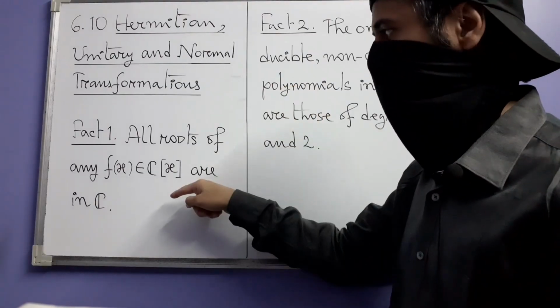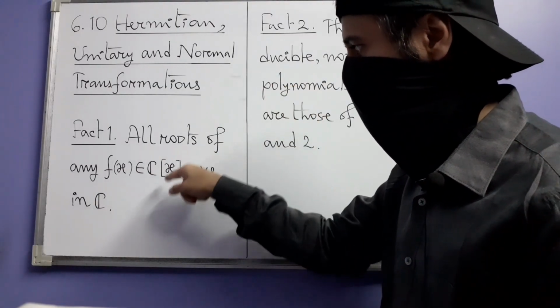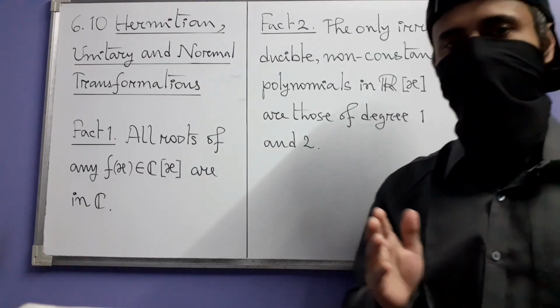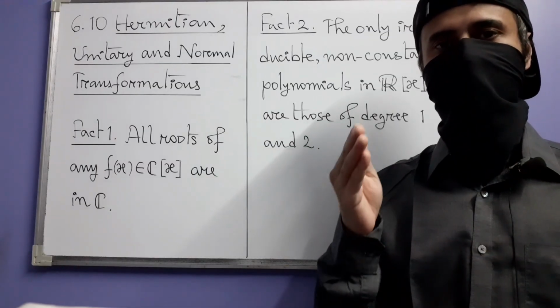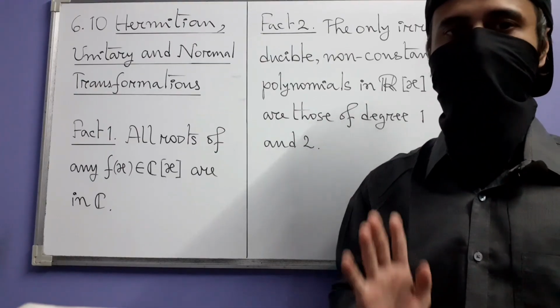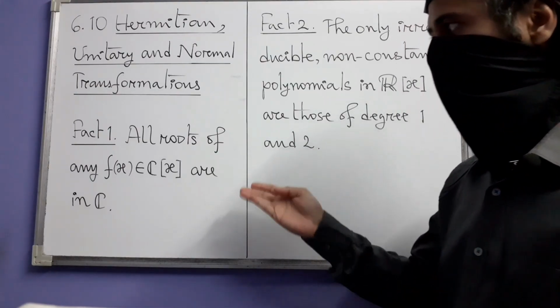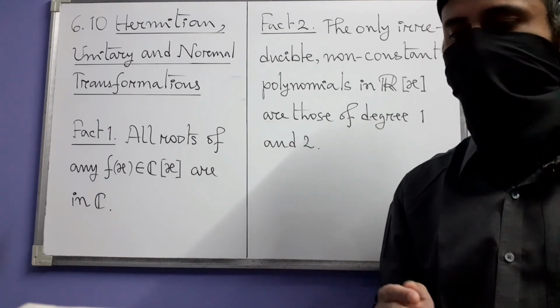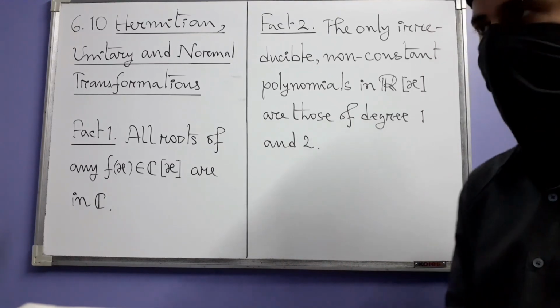For any such polynomial, all its roots are again inside C. To put it more simply, if you take a polynomial whose coefficients are complex numbers, then all its roots are also complex numbers. This fact has a name. It's called the fundamental theorem of algebra. You may have already come across this.